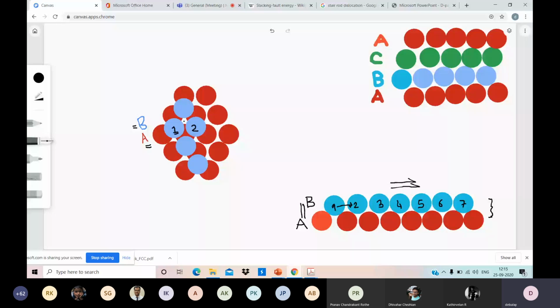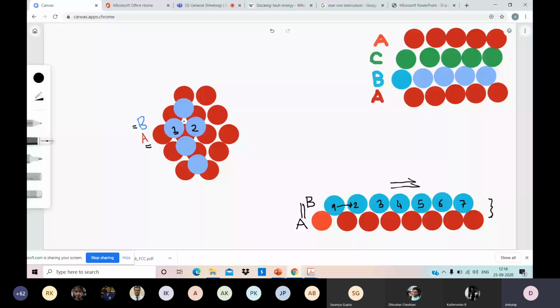1 to 2. But for the 1 to 2 movement, there is a high energy barrier. Could you understand the difficulty associated with the 1 to 2 movement? The 1 to 2 movement is more difficult.